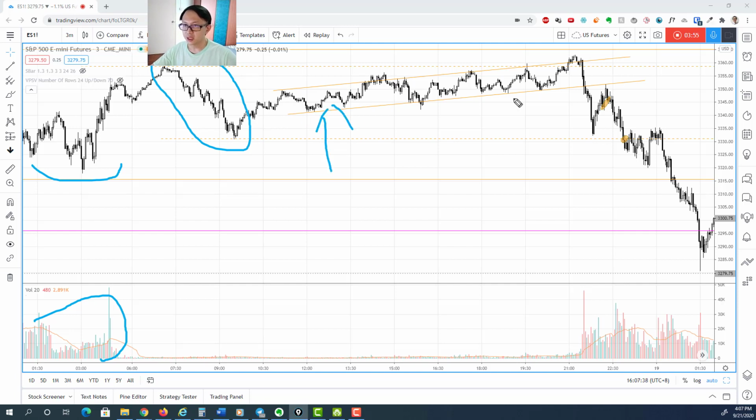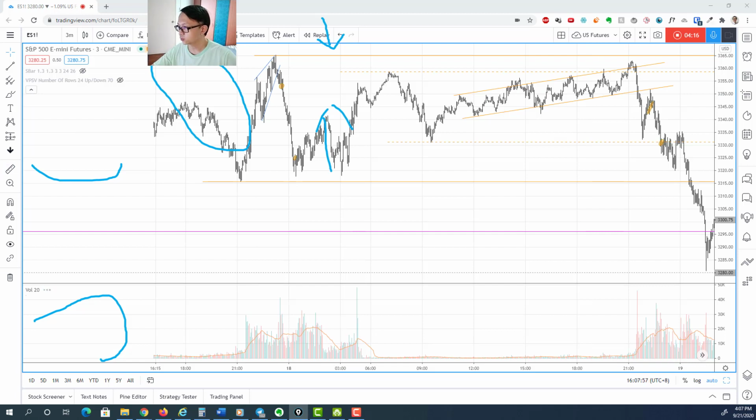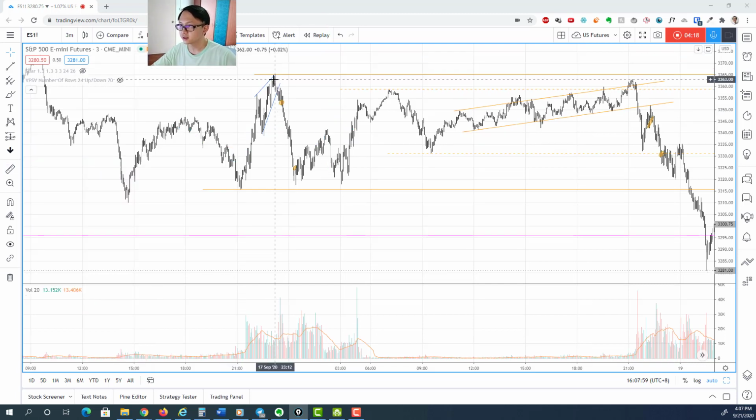This is an upsloping trading range, and eventually we tested the previous day high, annotated in this orange level here. If we zoom out a bit more, you can see the previous candle as well. That's the previous day high with a rising wedge up.